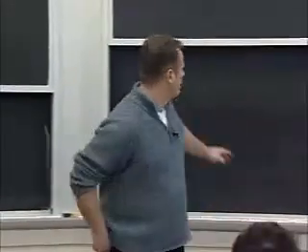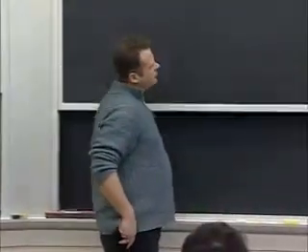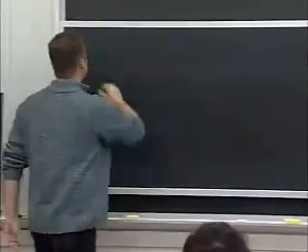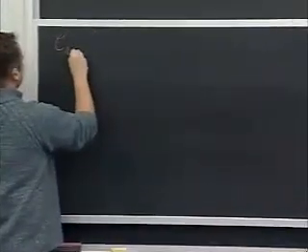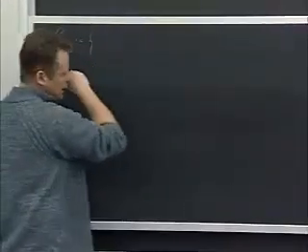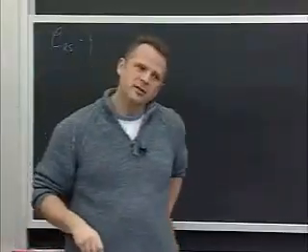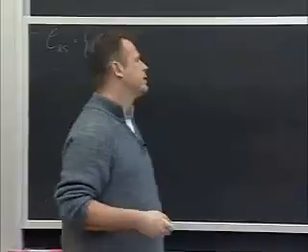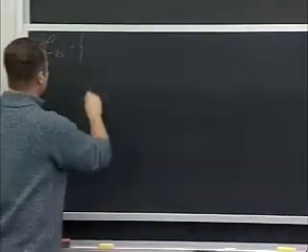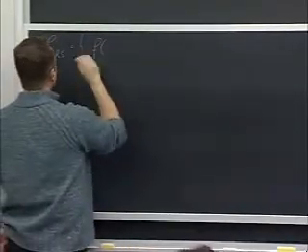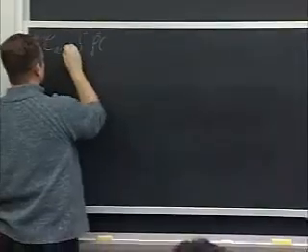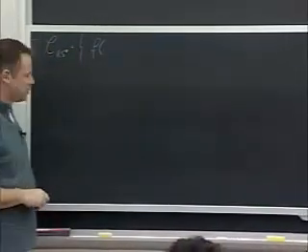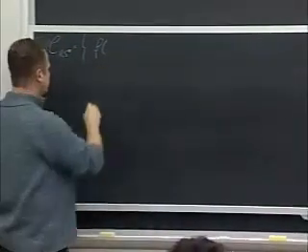So let me rewrite the definition of Reed-Solomon codes again. The way we defined it last time was with all field elements. We would evaluate the polynomial in all field elements. Now we do it slightly differently. Let's make it Reed-Solomon star in order to denote that difference.